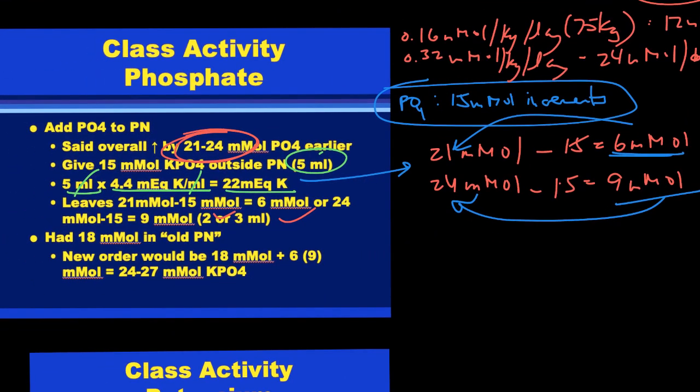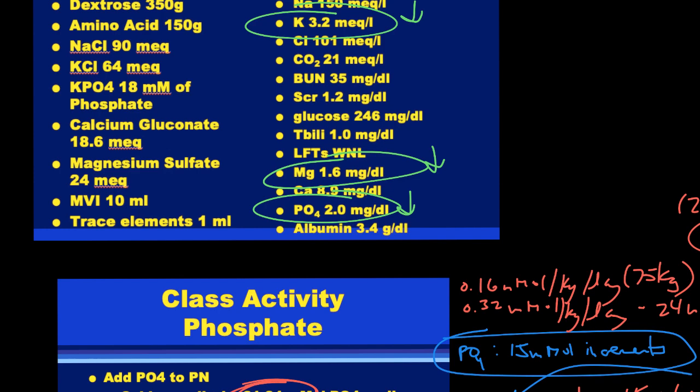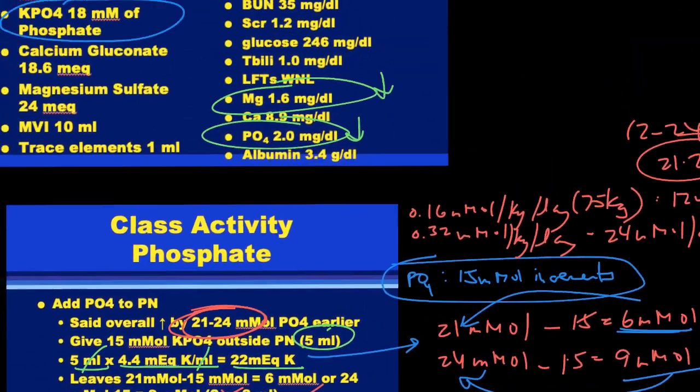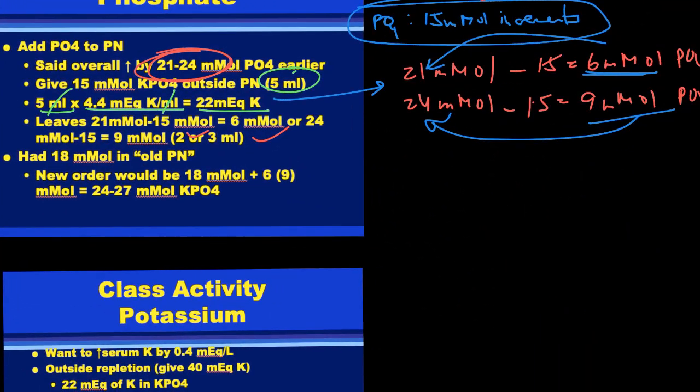So now your old TPN is 18 millimoles of phosphate. So you're gonna add to that. So 18 plus 6 is 24, or 18 plus 9 gives you 27.